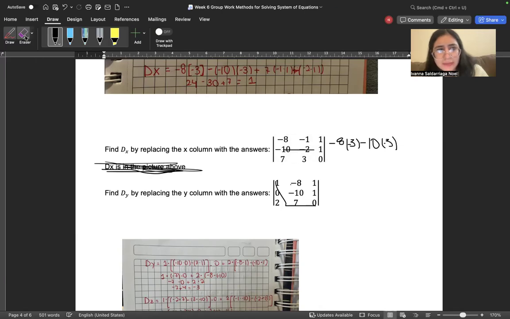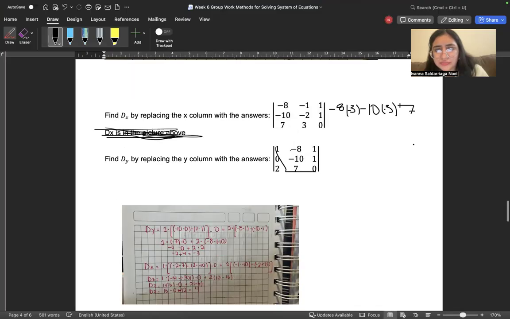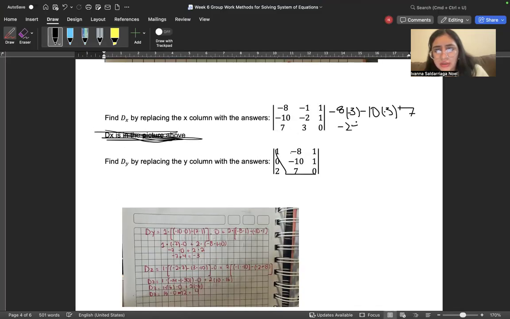And the last one I got minus 1, minus 2 plus 2 will be 1. So it will be just 7 plus 7. This will be minus 24, minus 10, sorry. Minus 10 minus 30 plus 30. This will be 6. And this will be minus 1 plus 1.